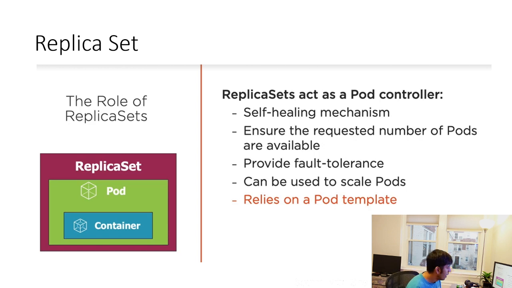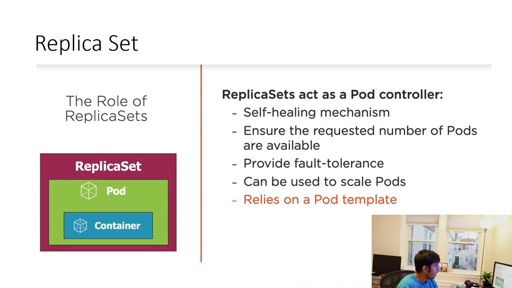The replica set. So let's read a little bit of the definition. You can see an image here of a pod with a container, and around that I have a red border with a replica set. A replica set acts as a pod controller. As I said, it controls. It provides a self-healing mechanism, so if the pod is unhealthy, it would spin up a new one.